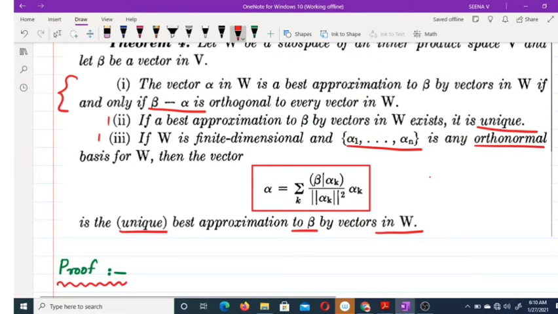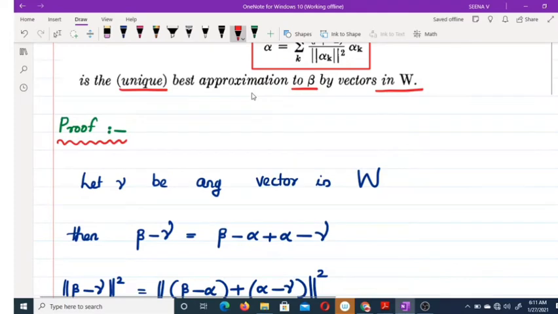So that is an if and only if statement. So first we assume alpha is a best approximation to beta, and we have to prove beta minus alpha is orthogonal to every vector in W. Conversely, assume that beta minus alpha is orthogonal to every vector in W, and we have to prove alpha is the best approximation to beta.